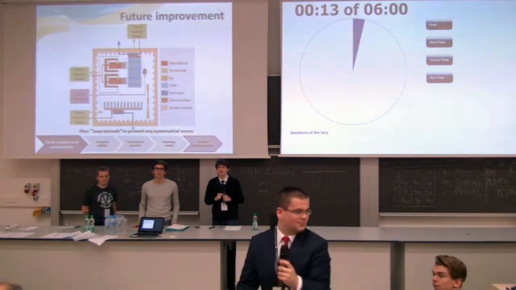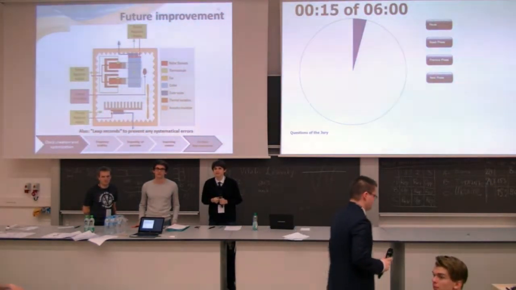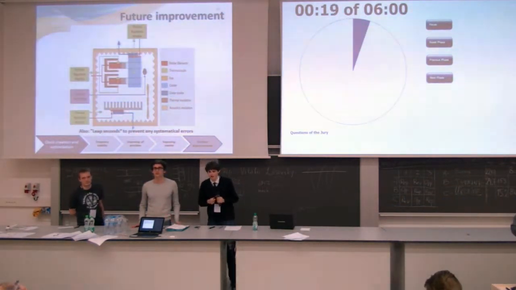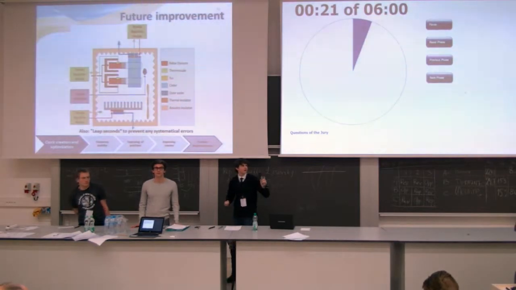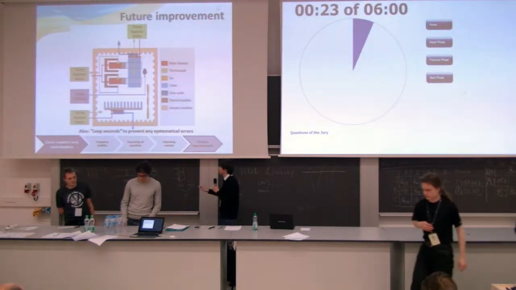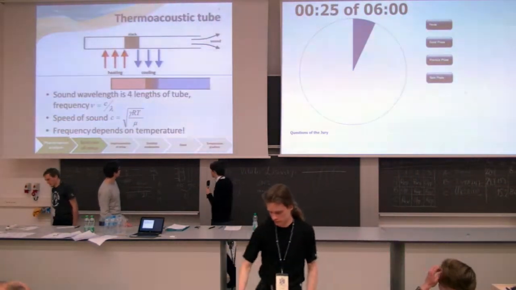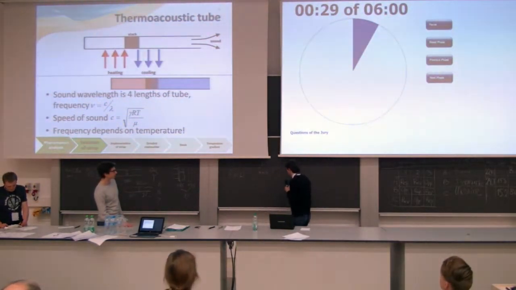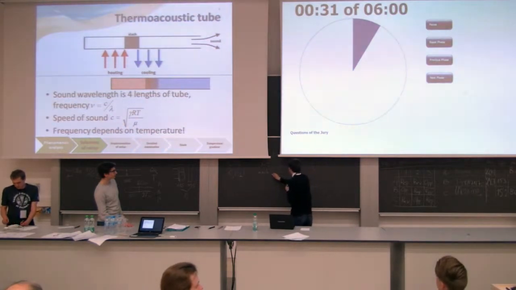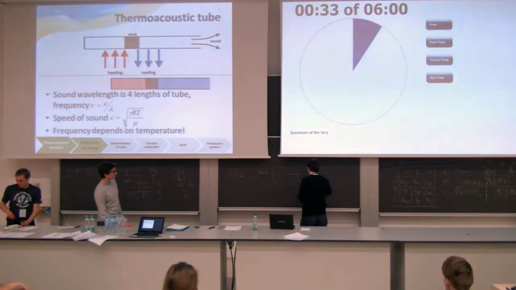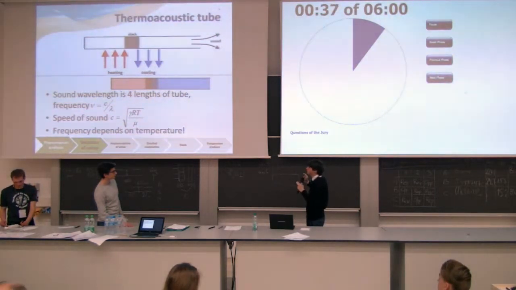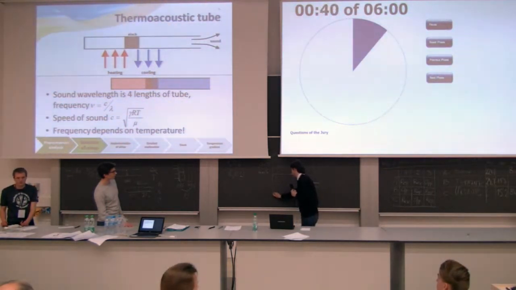You put temperature in your formula for the speed of sound. Which one, because there are at least two? We can make different models of the tube. The simplest one is a tube with one temperature and then another temperature, and we calculate an effective length of the tube or an effective temperature. We can also take into account the stack and the temperature gradient in the stack.